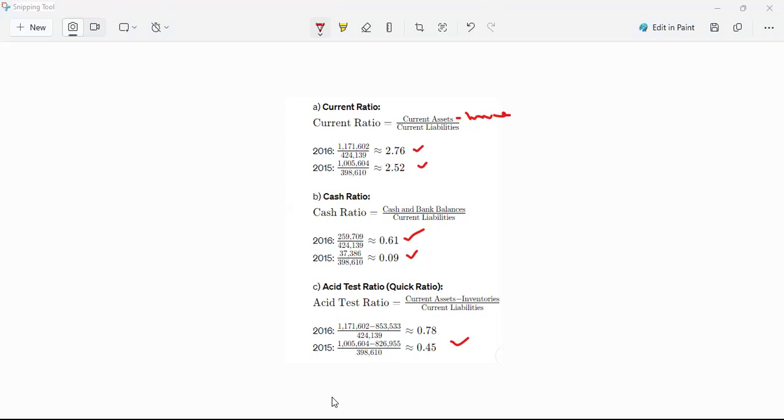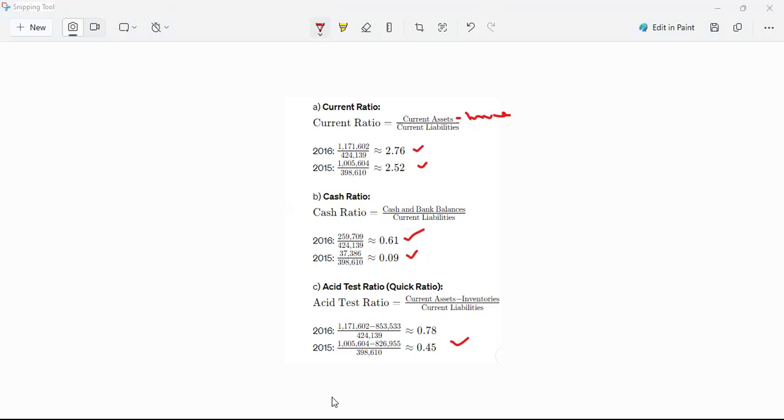So the quick ratio basically negates the inventory. It measures the company's ability to pay off its short-term liabilities using the most liquid assets, which exclude inventory. So the quick ratio provides a more conservative assessment of liquidity than the current ratio itself.